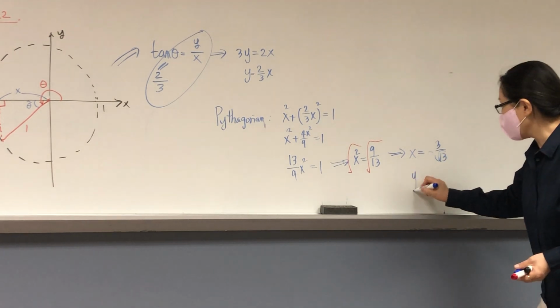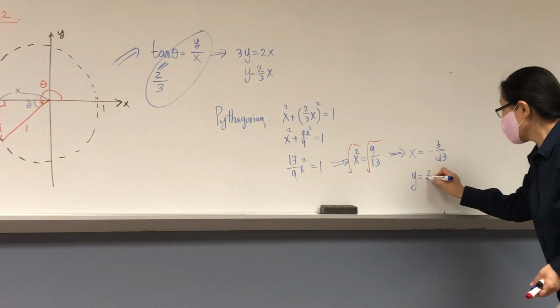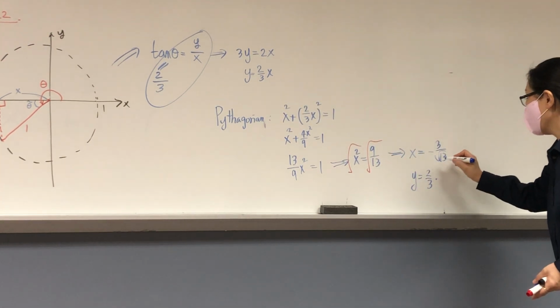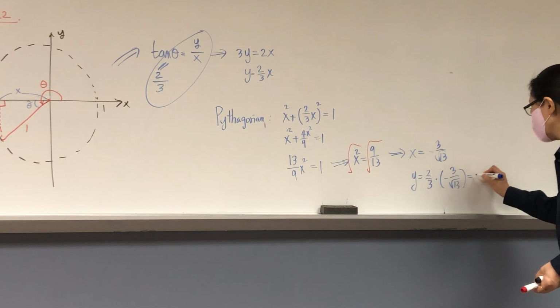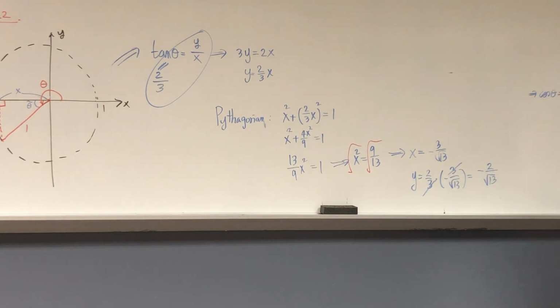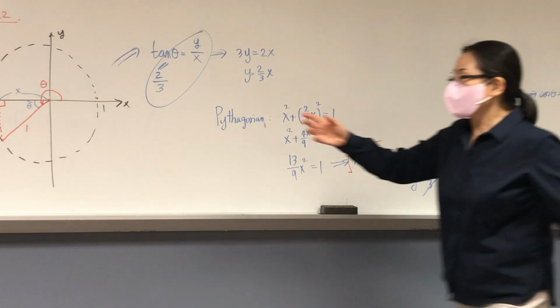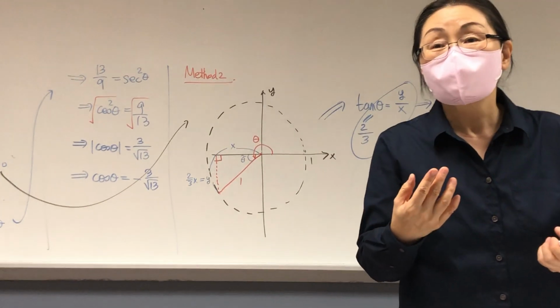And then what is your y? y is 2/3 times what? x. Negative 3 over square root 13. So y is what? Negative 2 over square root 13. Am I right? And then now, because I know this length, you can figure out cosine, yes?